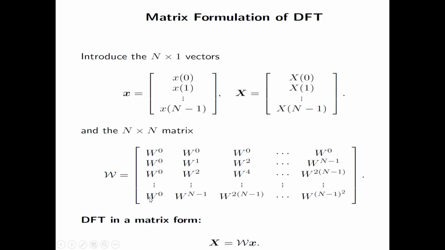In the last row, it will be 0, N minus 1, twice N minus 1, up to N minus 1 times N minus 1. So that's why the square is there. Therefore, we can represent the DFT as capital X, the frequency sample values, which is also a discrete sequence, equal to the twiddle factor matrix multiplied by the input column vector.